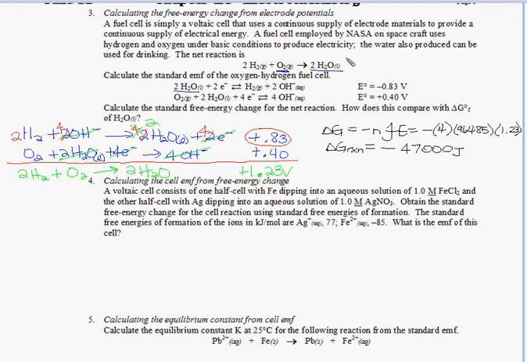All right, last question. How does it compare to delta G of formation, so the formation reaction? The formation reaction looks like 1 hydrogen plus 1/2 oxygen makes 1 H2O. So literally, the formation of a substance, that would be water, forming 1 mole of it from its elements, that would be hydrogen and oxygen, at their standard states.